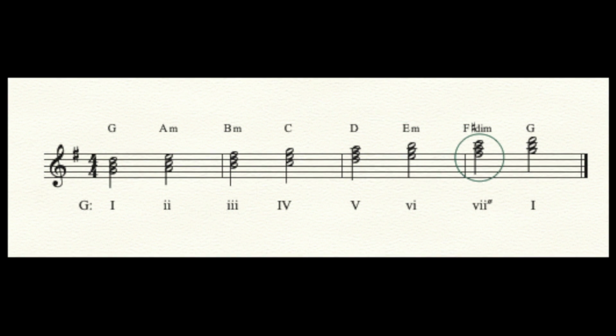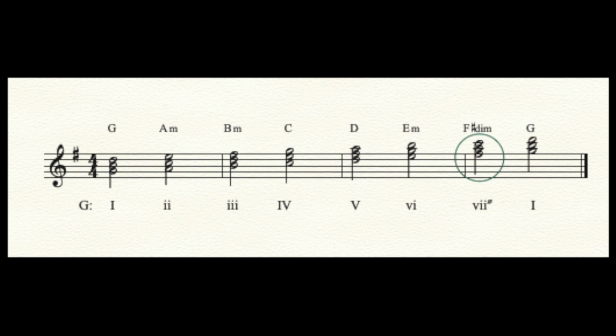Well, I have F sharp, A, C, which is the 7 chord. Well, the 7 chord is not used very often. Remember, it's a diminished chord. And so it's actually going to sound like a 5 chord with a missing note, with the missing D. And that's something we can talk about later, and why it would sound like that. But if you listen to it, it's going to sound like that.